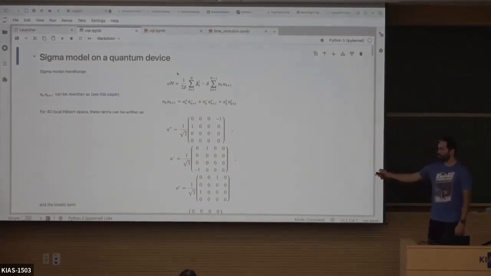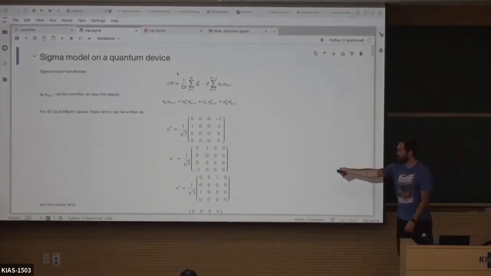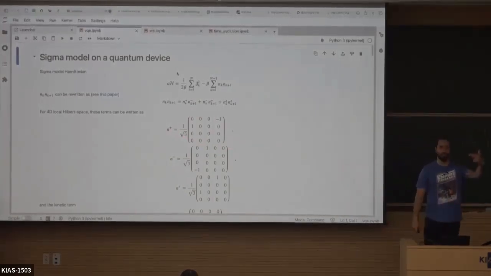Now you're seeing this matrix, and you will obviously ask me how on earth I'm going to put a 4x4 matrix on a quantum circuit. The thing is, a CNOT gate is a 4x4 matrix as well. So I can represent each of these interactions as a 2-qubit operator, right?